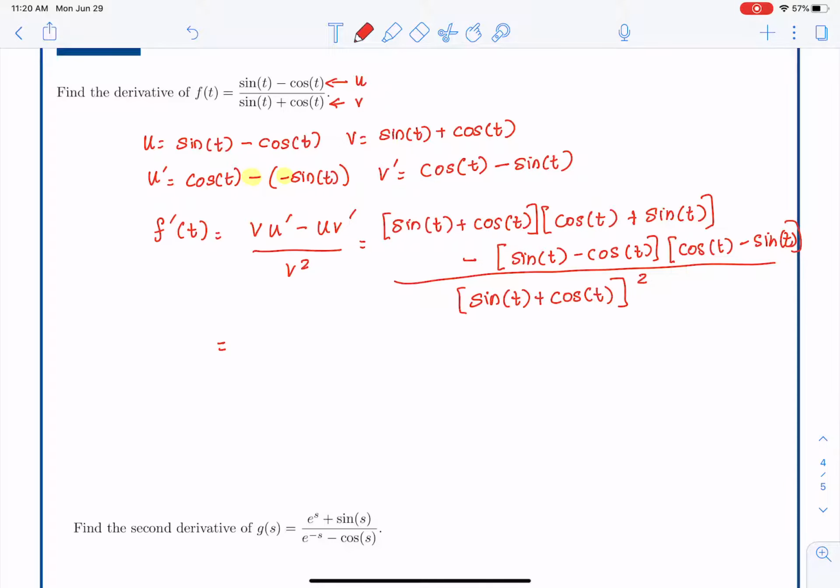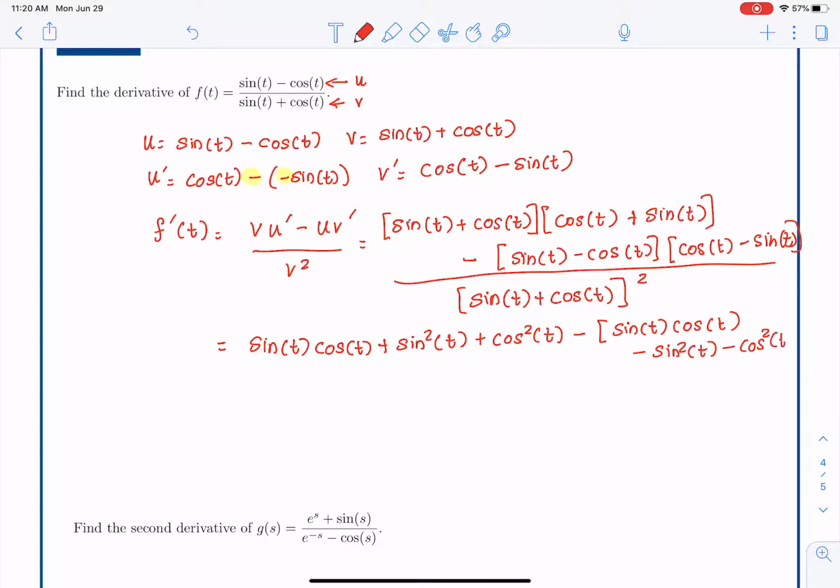So if I distribute, I'd have sine t cosine t plus sine squared t plus cosine squared t minus sine t cosine t minus sine squared t minus cosine squared t plus sine t cosine t.